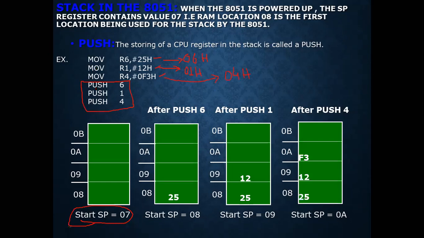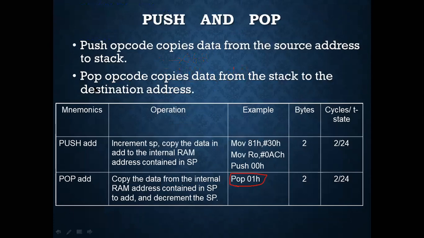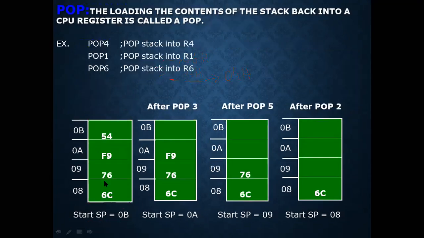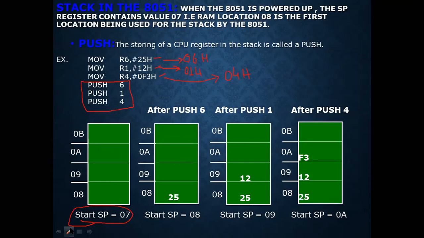Now the first one is push 06H. Going back to the previous one, push address means we are giving an address in the instruction. At first, increment the content of the stack pointer. See, the stack pointer is incremented, so the present address of the stack pointer is 08H.